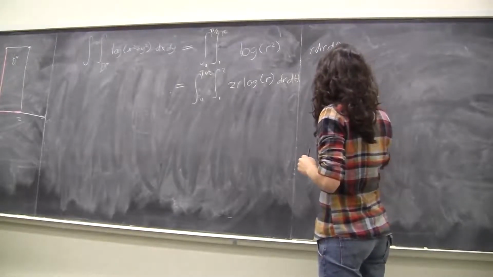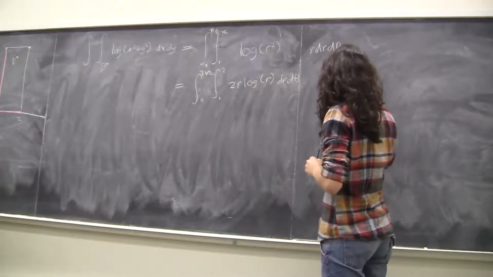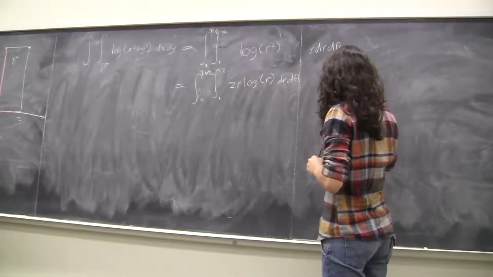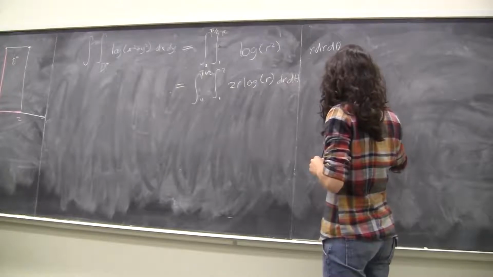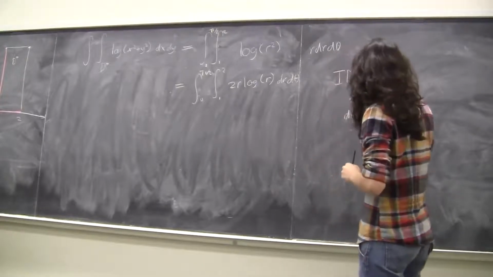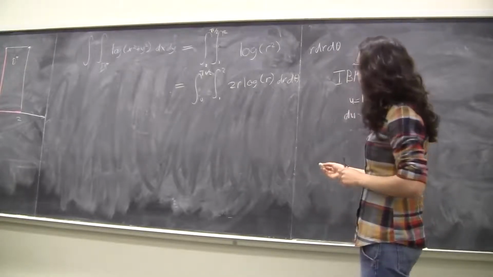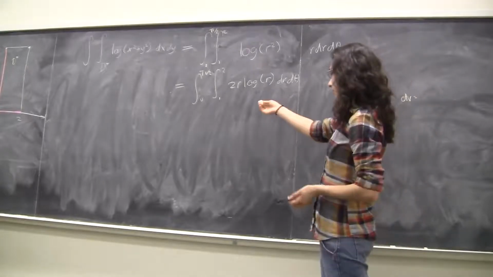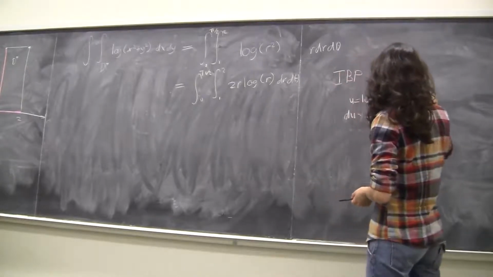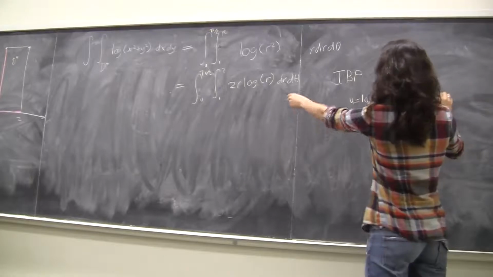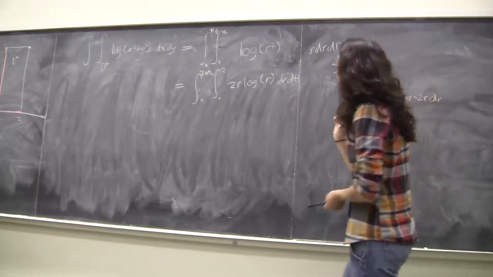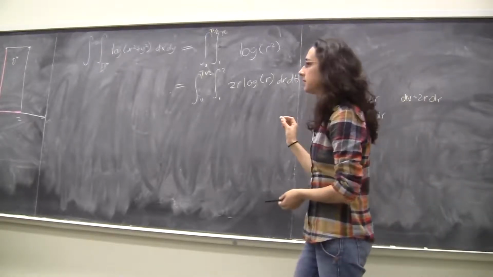So du will be equal to 1 over r dr. Okay, and so dv is going to be equal to 2r dr. So remember, with these double integrals, okay.